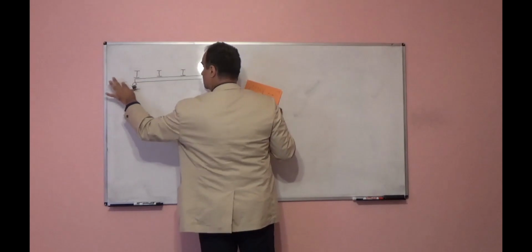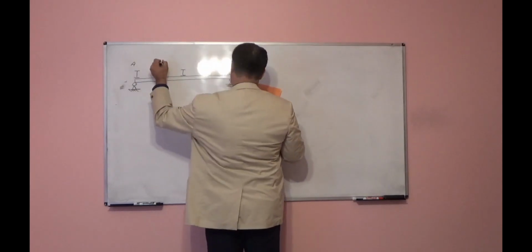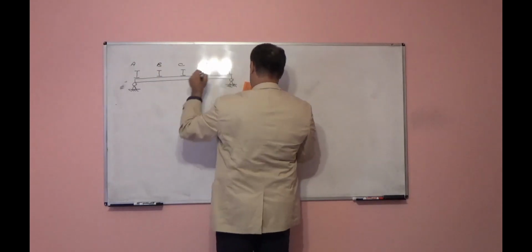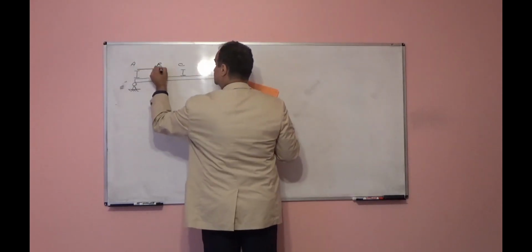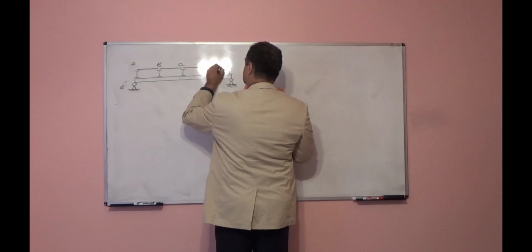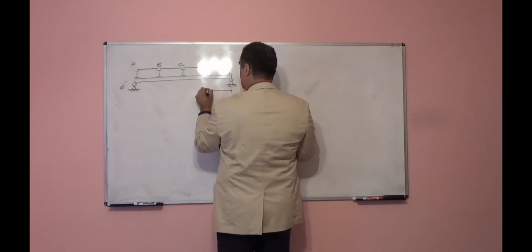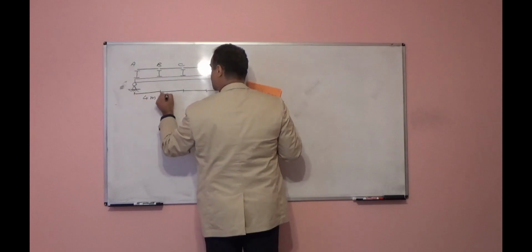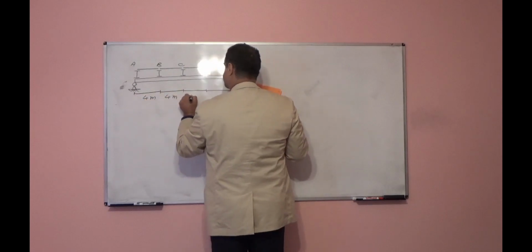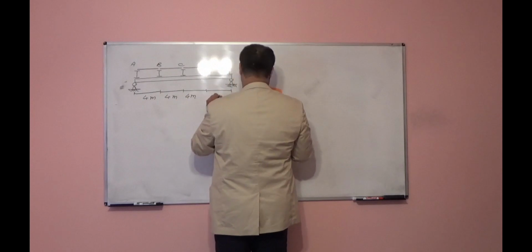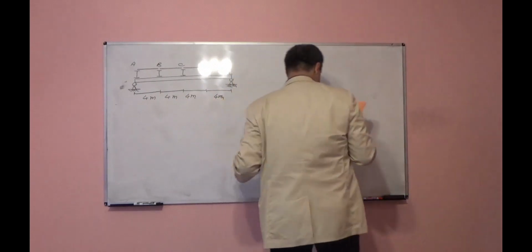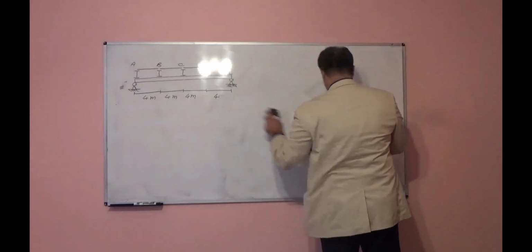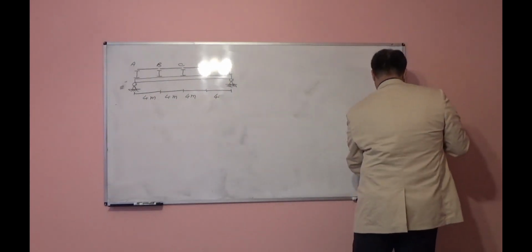A, B, C, D, E. Distance, each one 4 meters. We want to draw the shear influence line for panel BC.